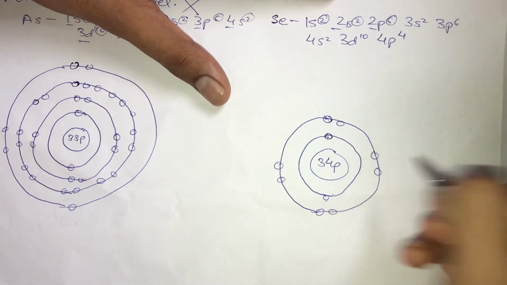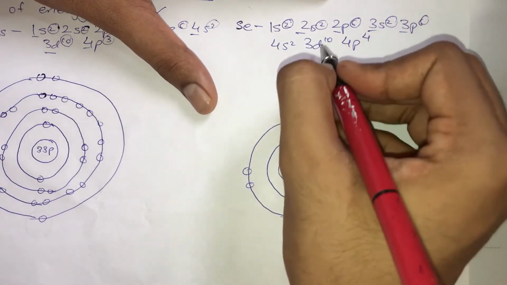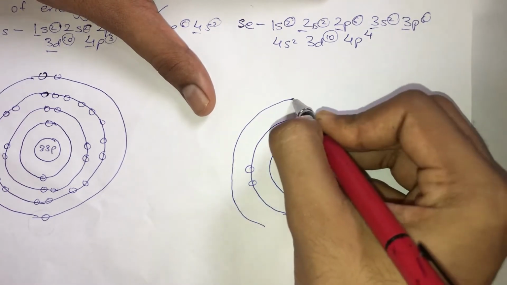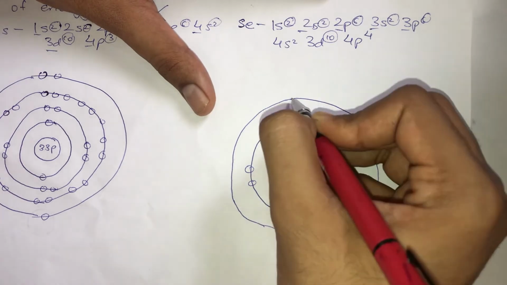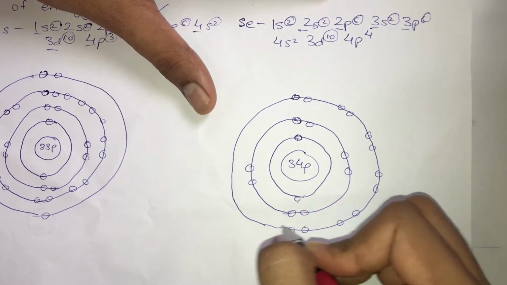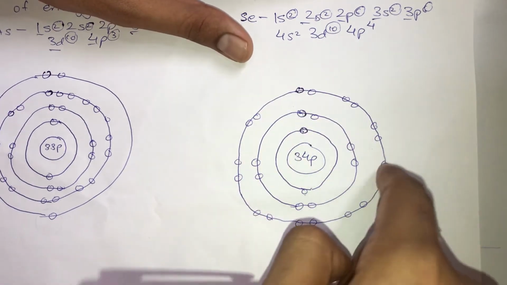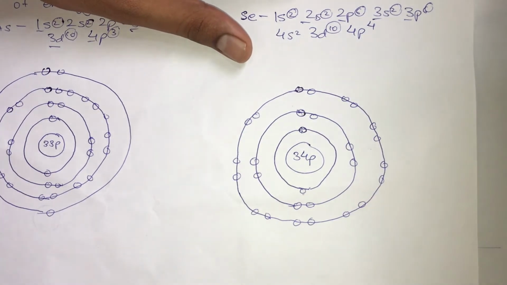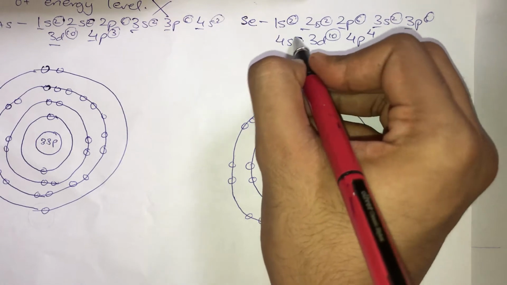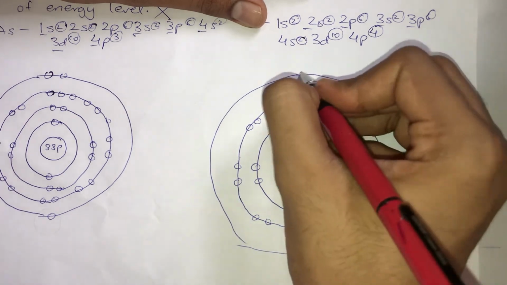Inside the third energy level there are 2 plus 6, again 8 electrons, and these 10, so a total of 18 electrons. I hope I have drawn 18: 1, 2, 3, 4, 5, 6, 7, 8, 9. Yes, 18 electrons. And inside the fourth energy level, there are 2 plus 4, 6 electrons.